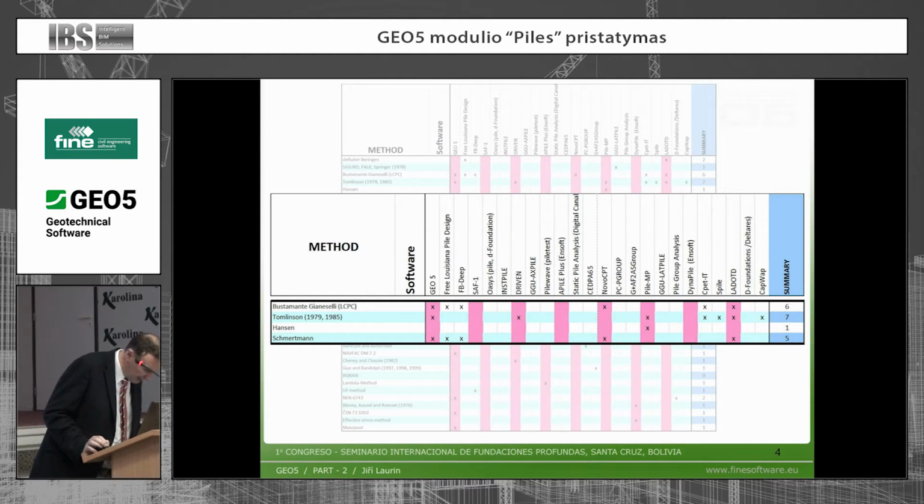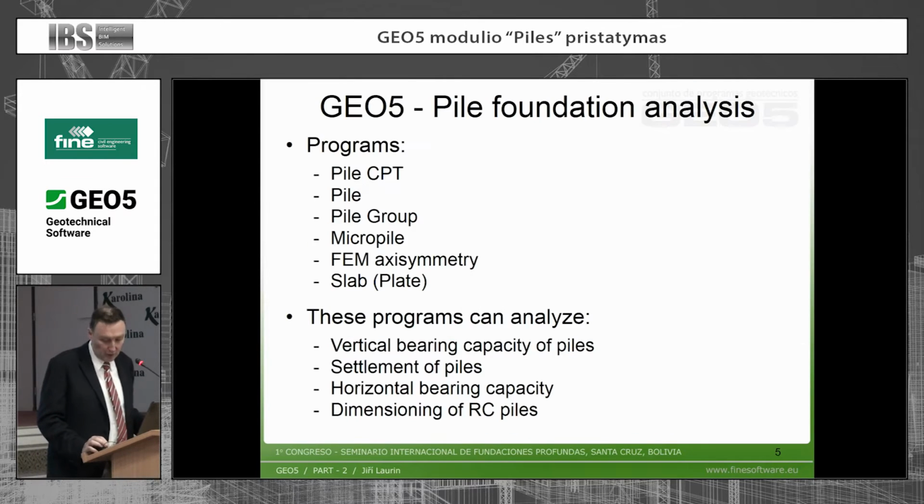And then you can see Tomlinson, very often, it's just for clays and total parameters of soil, where you know the shear strength of the soil, and that's enough. All other methods are usually in every commercial software once or twice.